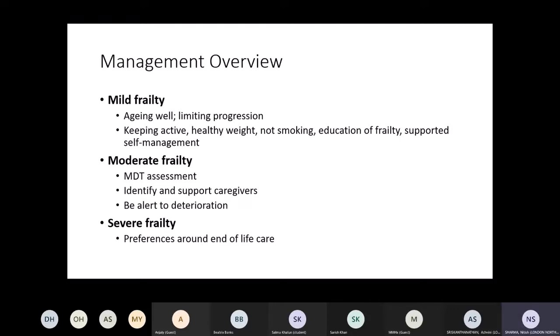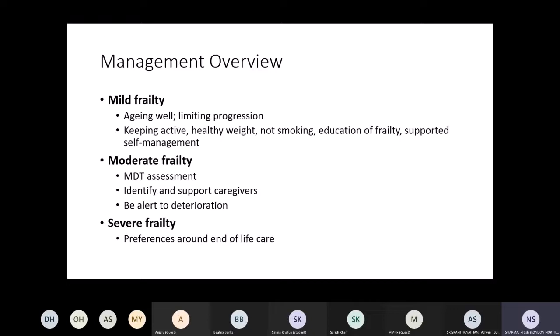Moderate frailty would require an MDT assessment. This means including the occupational therapy team, physiotherapy team, social services, and the medical team, and identifying who can give support to the patients.